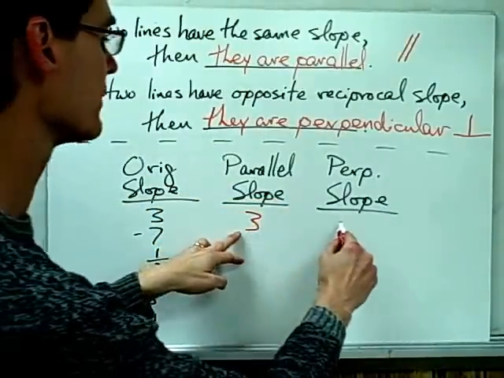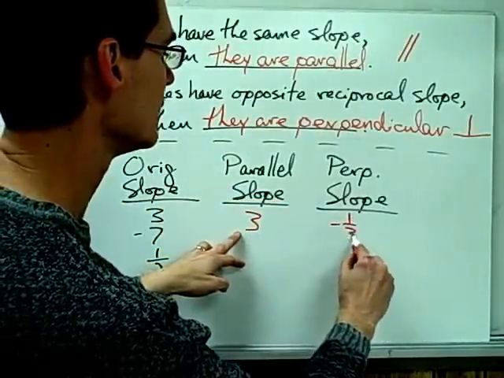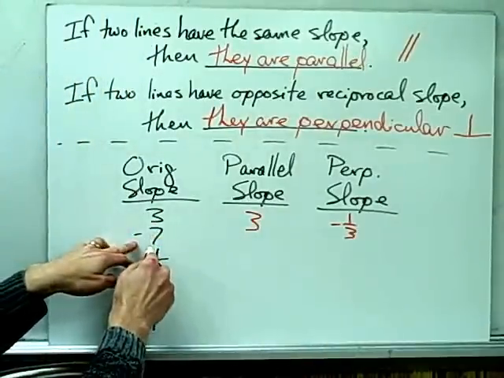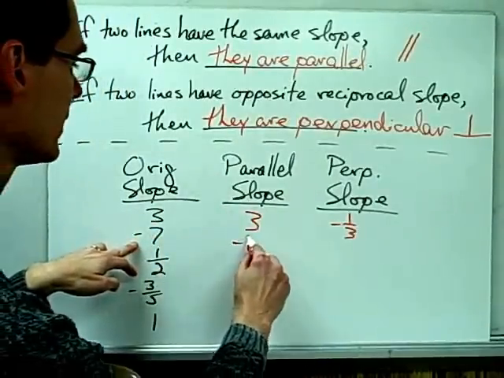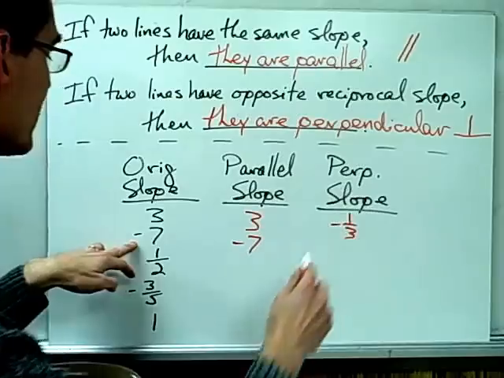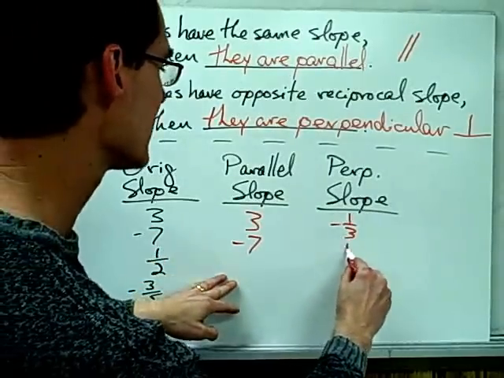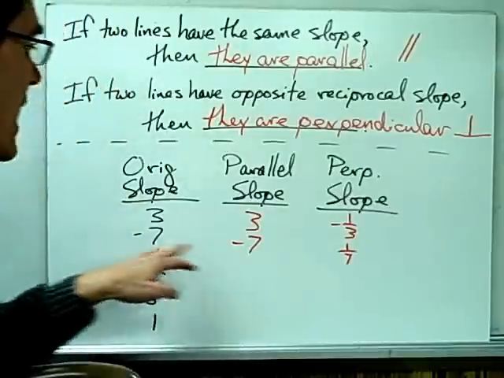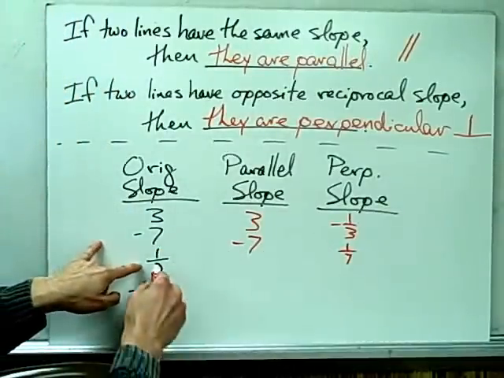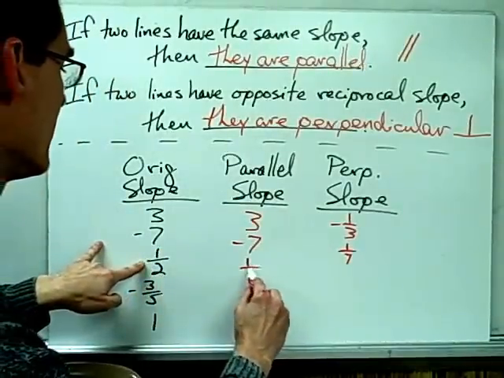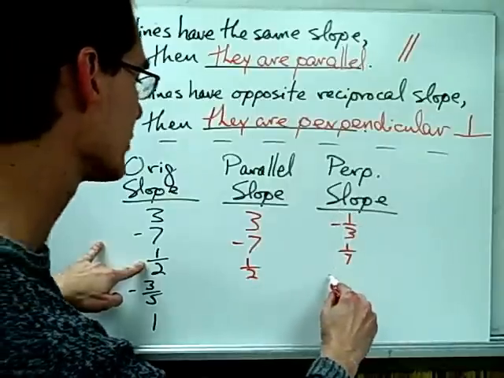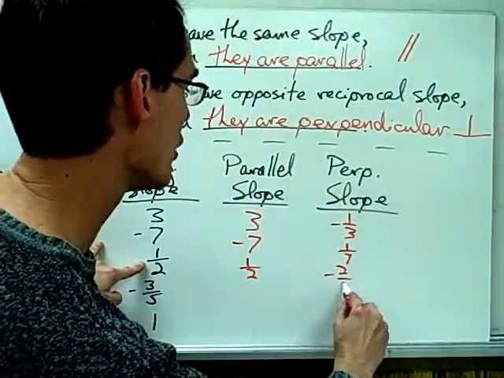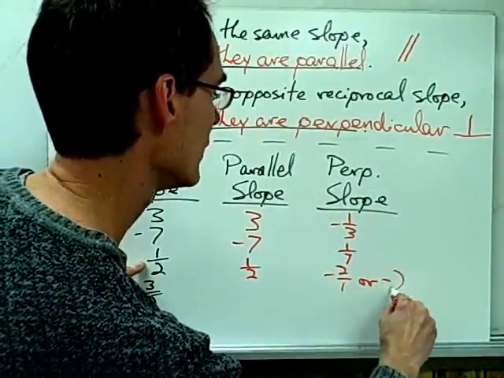So the opposite reciprocal of 3 is going to be negative 1/3. If our original slope is negative 7, parallel slope is negative 7, the perpendicular slope is flip it and take the negative, so that's going to be positive 1/7. Original slope is 1/2, parallel is 1/2, perpendicular is negative 2/1 or negative 2.